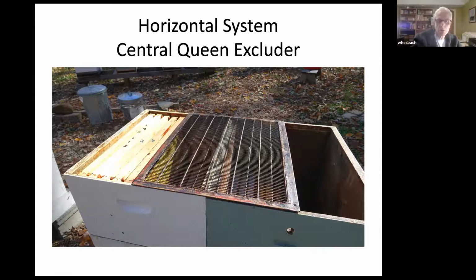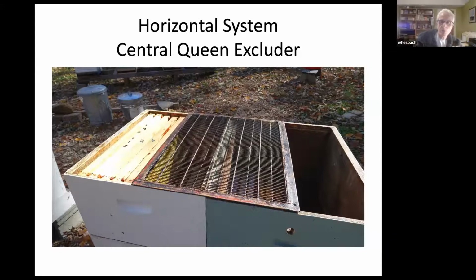So it doesn't keep you from treating. It is a little bit difficult to inspect because you have to take off the super, and then you have to slide this queen excluder over or put a blanket over one side while you do your inspection on one side of the colony, and then switch it over and do your inspection on the other side. It's a little bit more cumbersome.